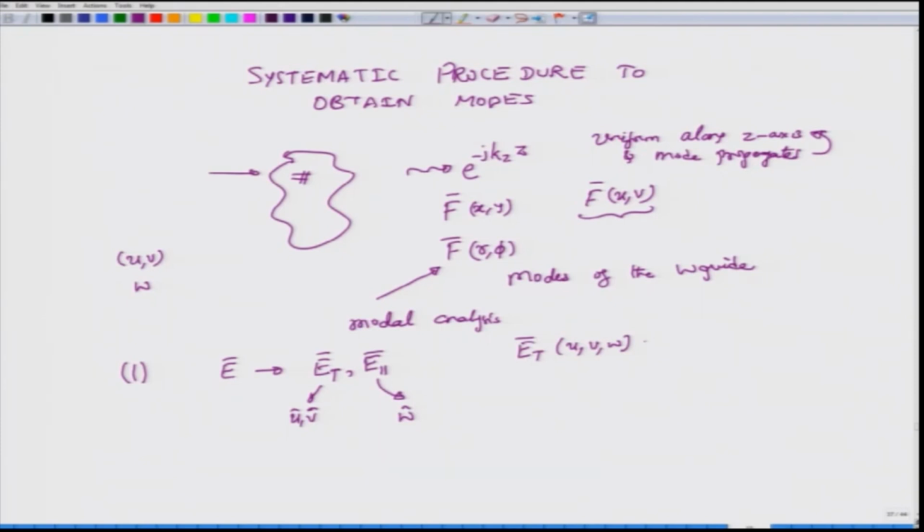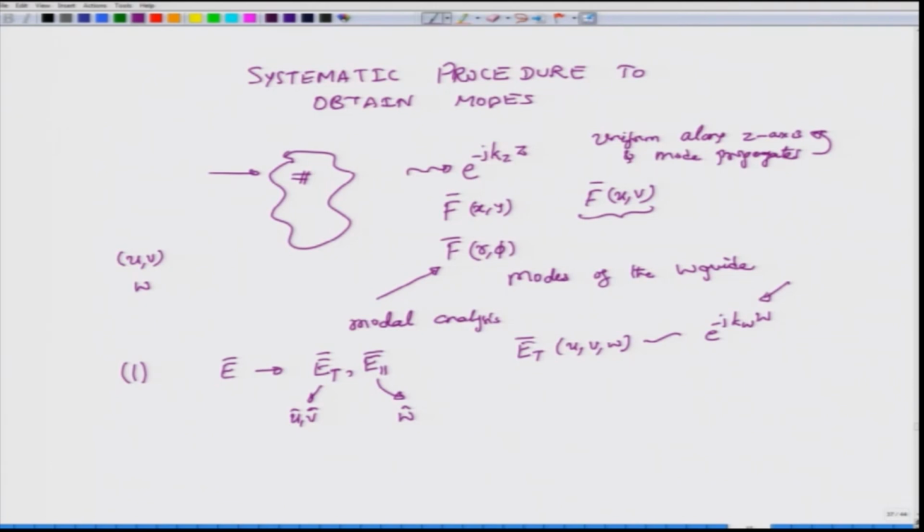Of course, the dependence on the w axis is what we have captured by writing e power minus j k w times w. So, we do allow for dependence on w, but we impose a specific dependence on w in the form of a travelling wave.